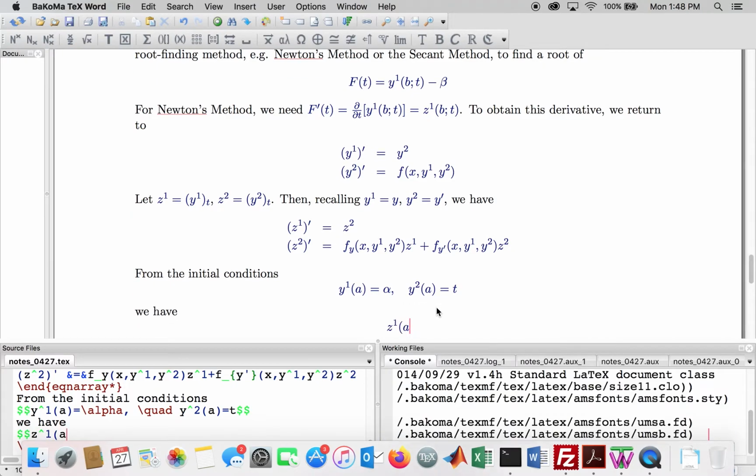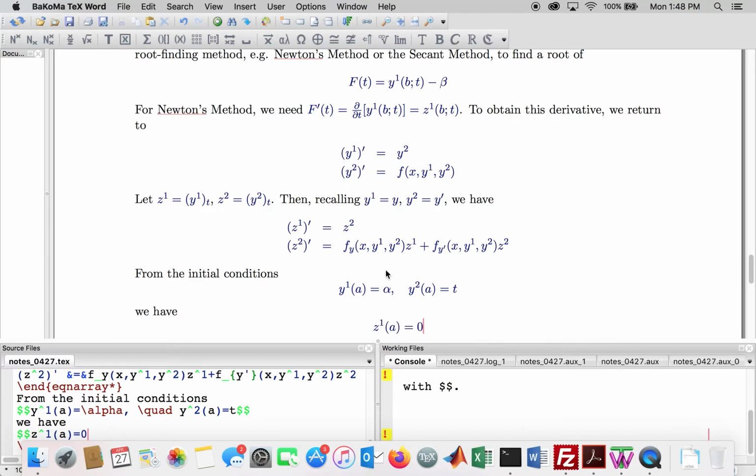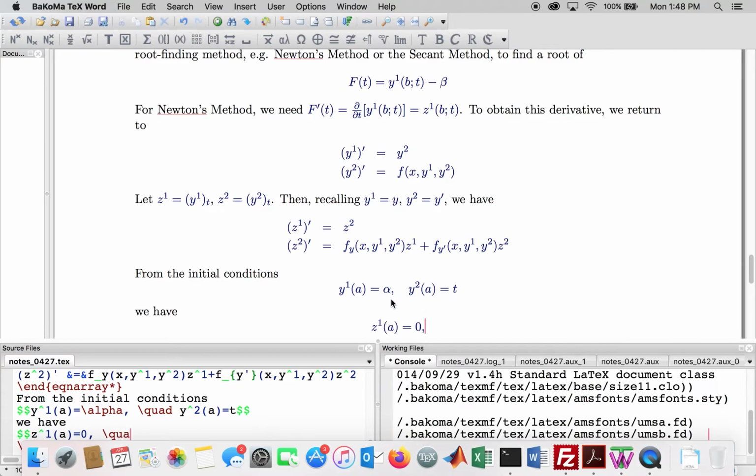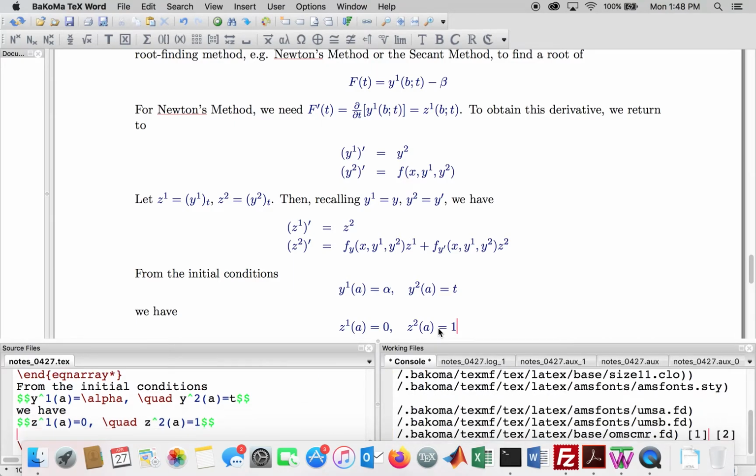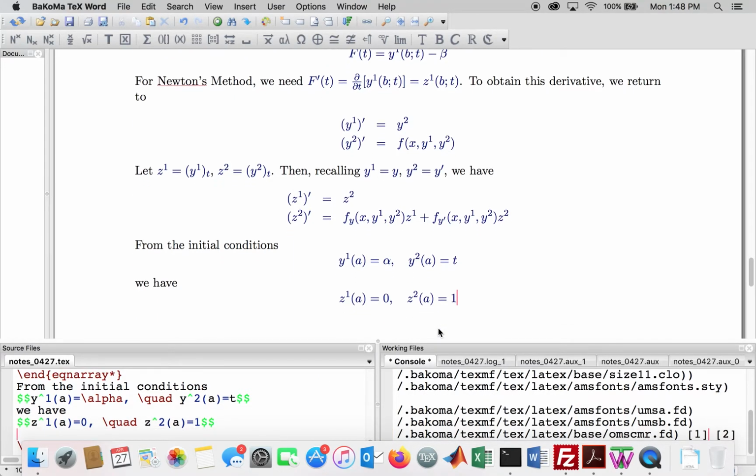So z1 of a will just be 0 because alpha is a constant, and then z2 of a will be equal to 1 because we're differentiating both sides of this equation with respect to t. Okay, so now the initial value problem, a system of 4 first-order ODEs, is completely specified now that we have 4 initial conditions.